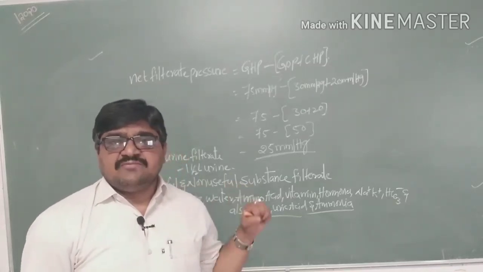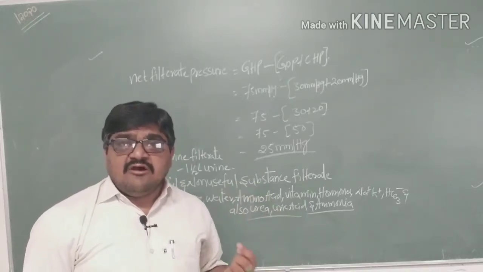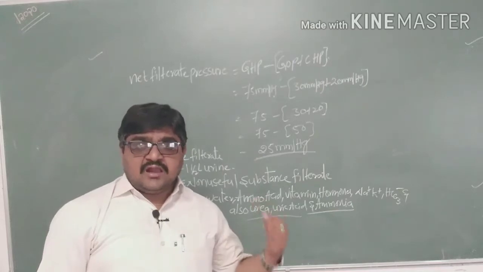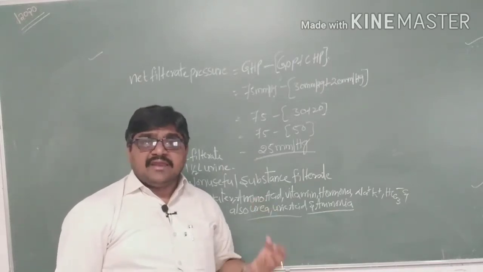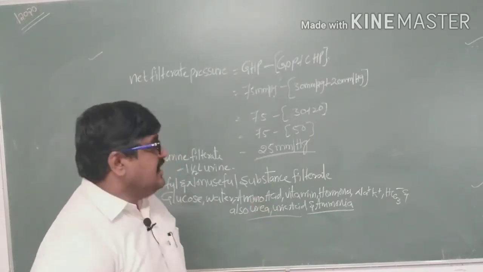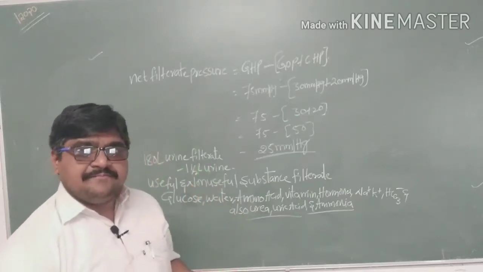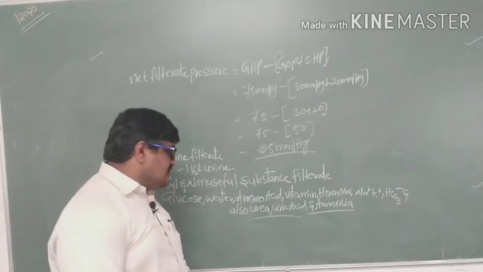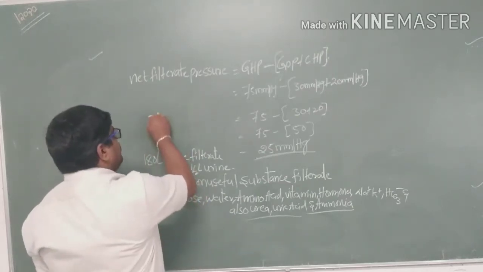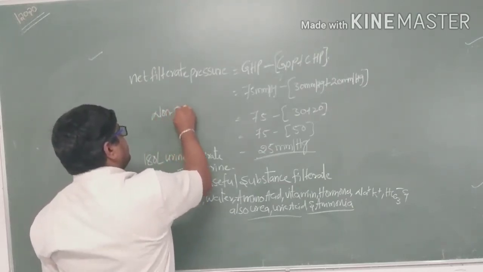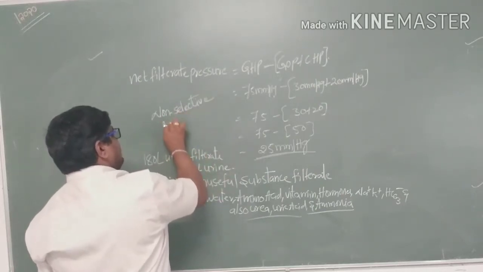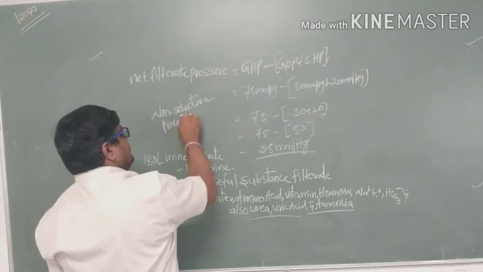So this filtration we can call the non-selective filtration, or otherwise a primary urine. So glomerular filtration is called a non-selective process or non-selective filtration.